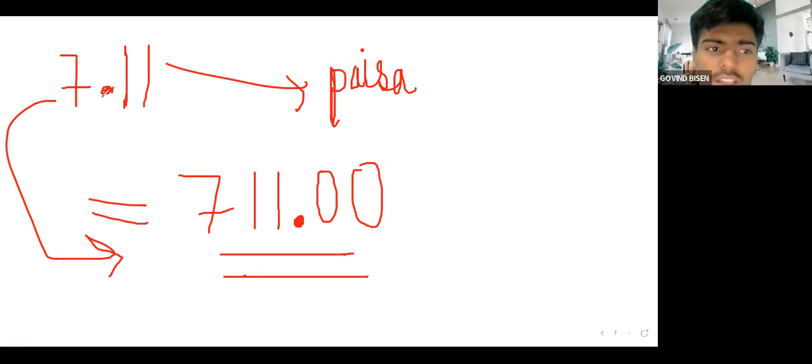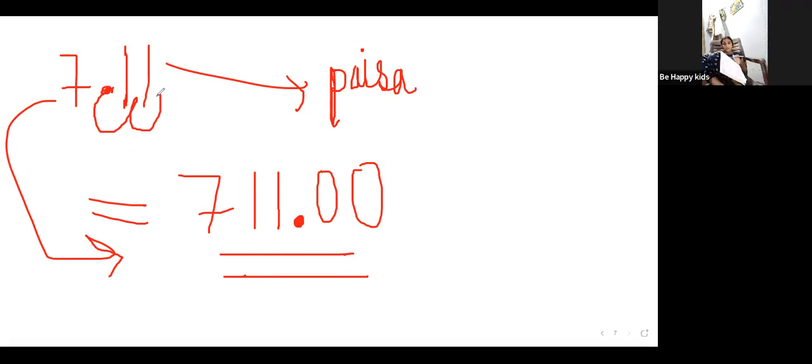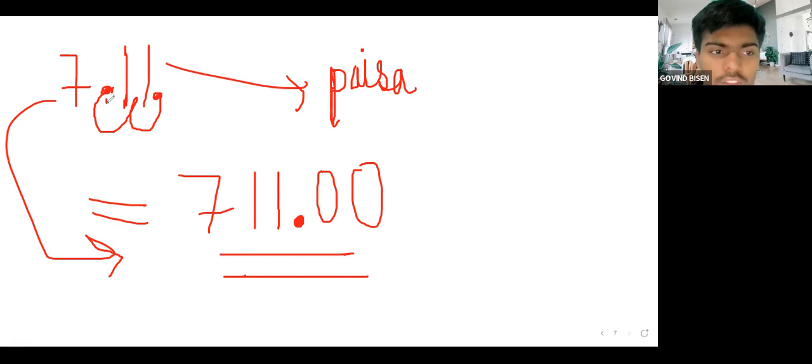The decimal has moved 2 positions. This is the initial position. This is the first position, and this is the second position. How many digits has it moved? It has moved 2 digits. Okay? Okay, sir. All right.